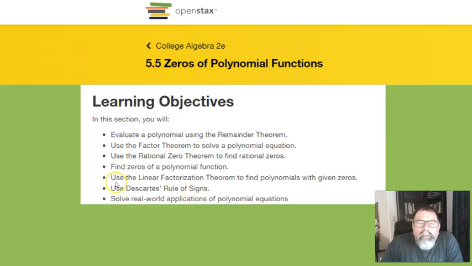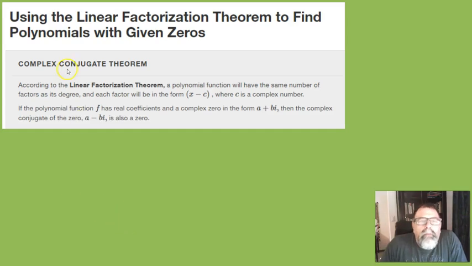Okay, on to the next learning objective. Use the linear factorization theorem to find polynomials with given zeros. Okay, so the complex conjugate theorem, according to the linear factorization theorem, a polynomial function will have the same number of factors as its degree. Each factor will be in the form of x minus c, where c is a complex number.